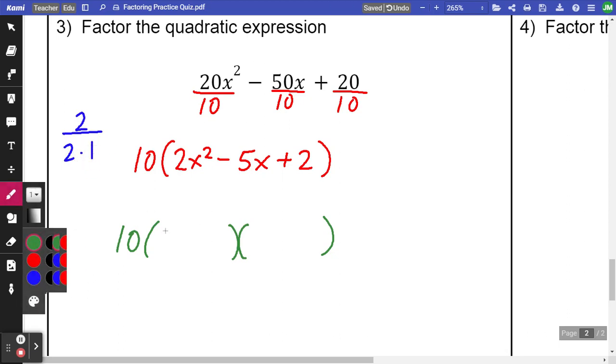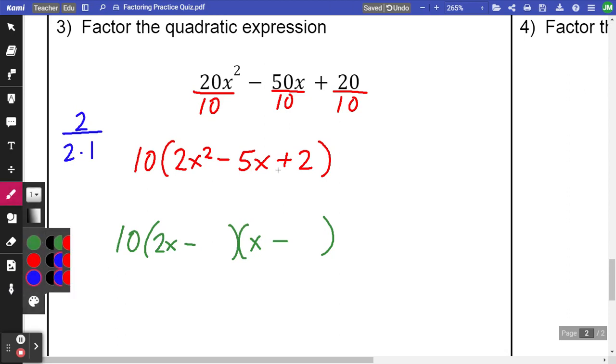So the only possibility here we have is 2x and 1x. We can also take care of our signs here. C is a positive number, b is a negative number. That means that we have a sum of two negative factors, so 2x minus and x minus is my scenario.